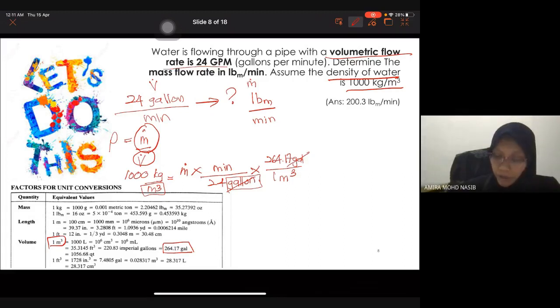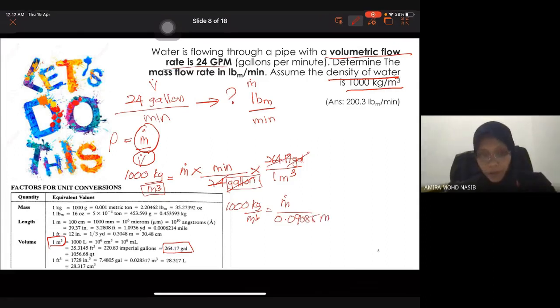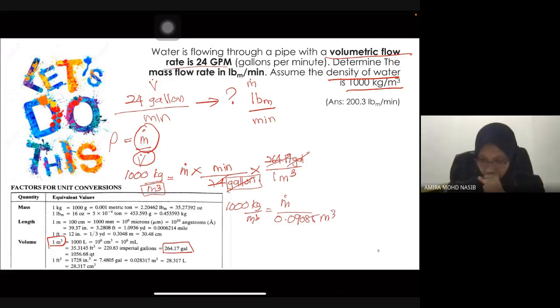Okay, after you done the calculation, you can get kg per meter cube equal to mass flow rate divided by, okay, you want to solve this problem first, and then this one you get 0.09085 meter cube per minute.